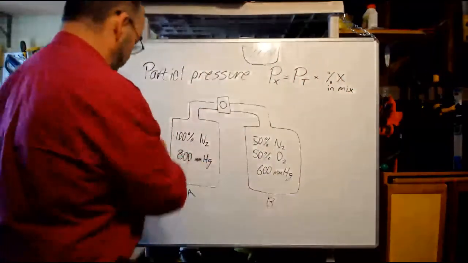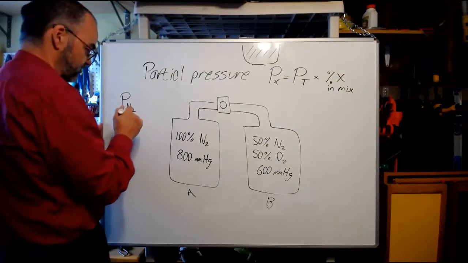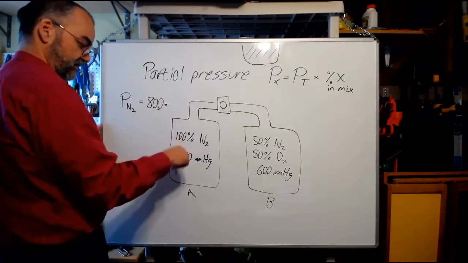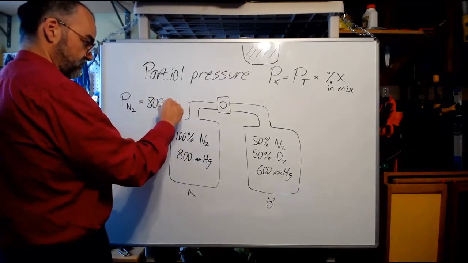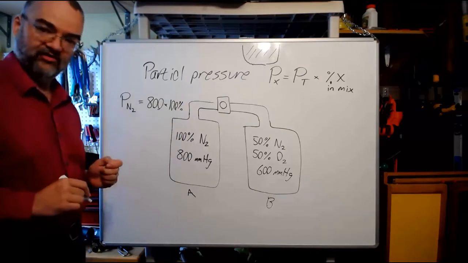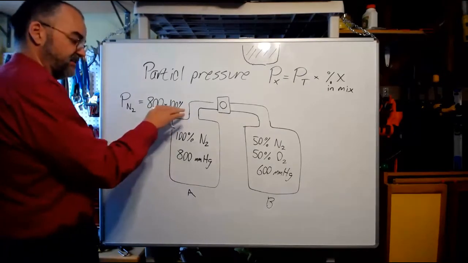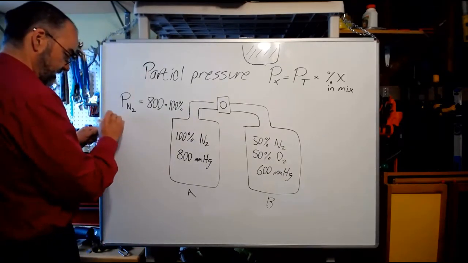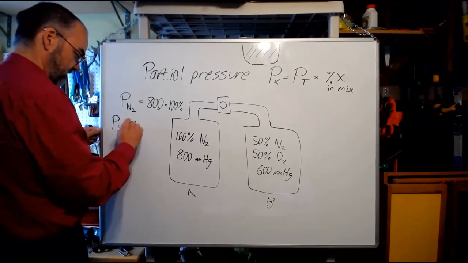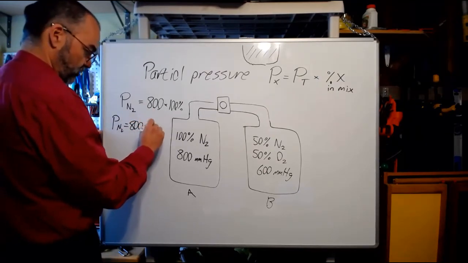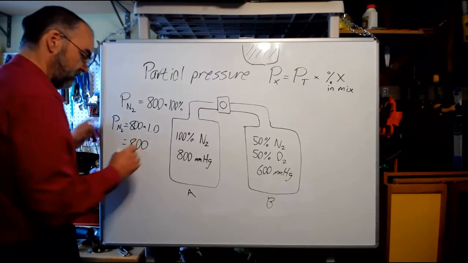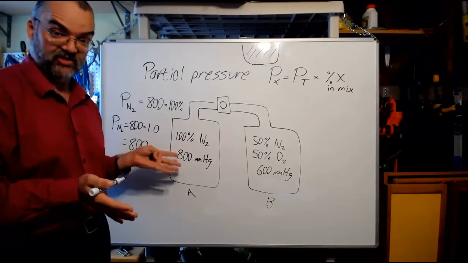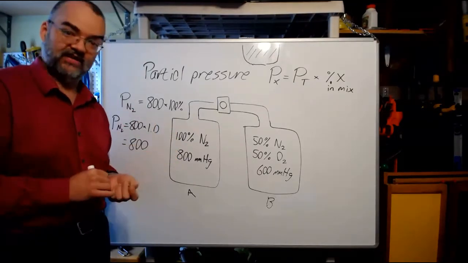So for example, over here, the partial pressure of nitrogen is equal to the total pressure, 800, times the percentage of nitrogen, 100%. It's easiest if you're doing multiplications to represent percentages as a decimal. So we'd say PN2 equals 800 times 1.0, which is 800. The partial pressure of nitrogen is 800, which makes sense. The total pressure is 800, so since all of it is nitrogen, that's also nitrogen's partial pressure.